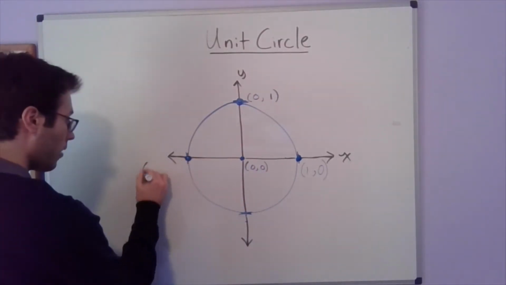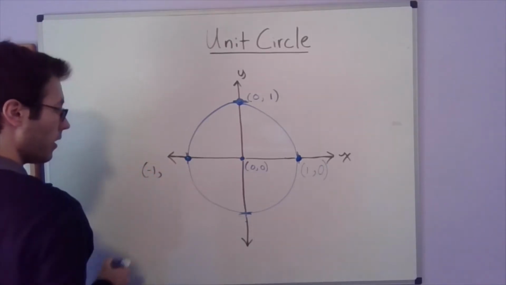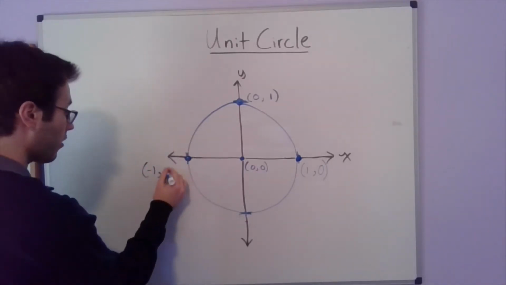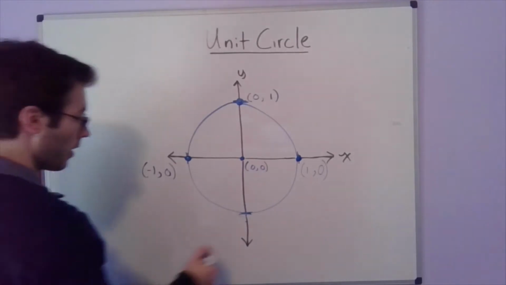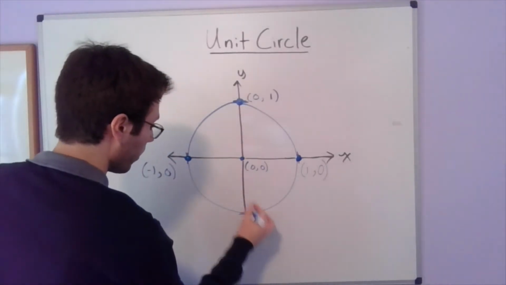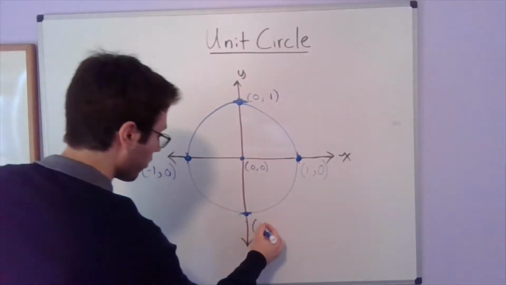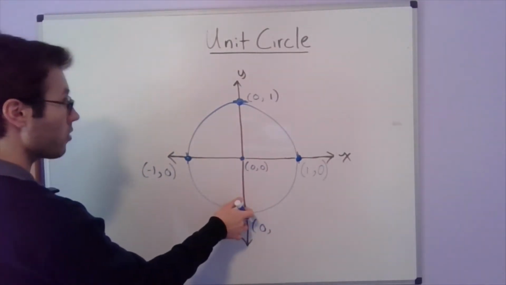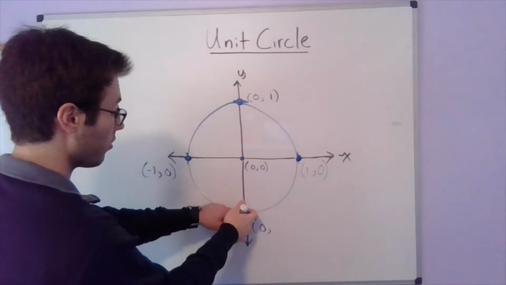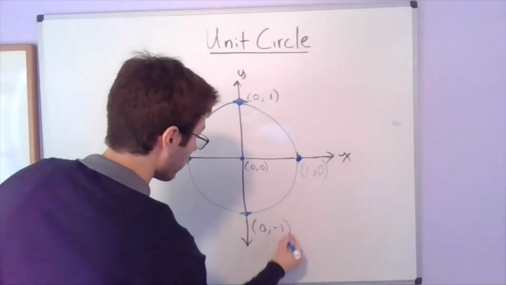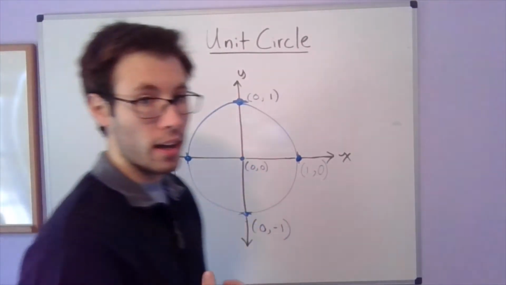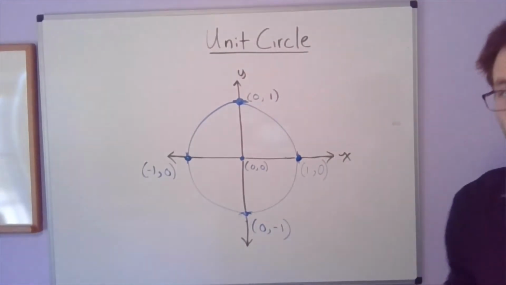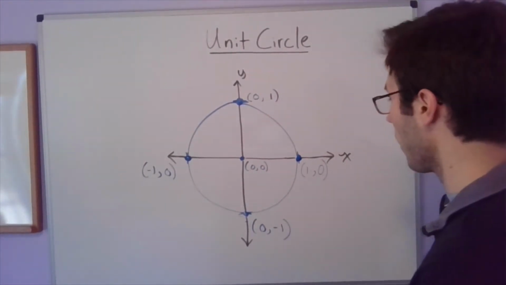So this would be -1, and then we didn't go anywhere in the y direction, so it would be 0. And then lastly, it doesn't go anywhere in the x direction, so that would be 0. And how far do we go down? You know it's going to be negative because we're going down. This is the negative region for the y, so it's 0, -1. So we already can find 4 points on this thing. We're going to find more points later on.